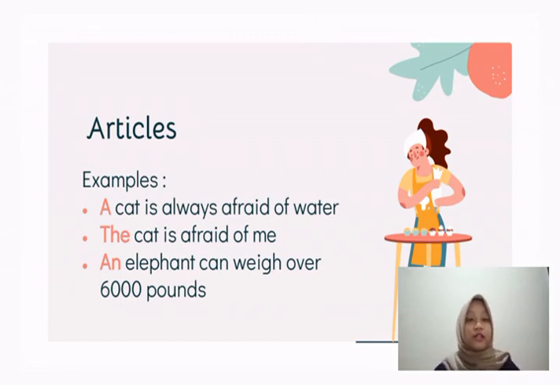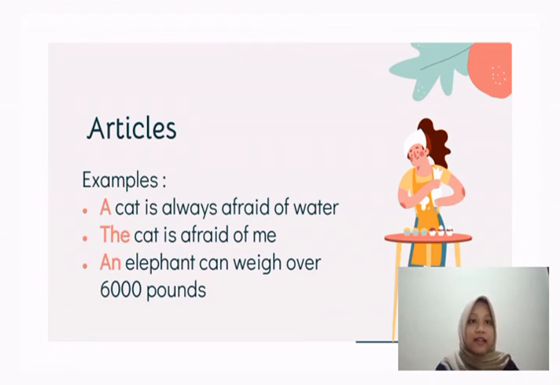And here we have three examples. The first one is, a cat is always afraid of water. The article here, of course, is the first word in the sentence, a. The second one is, the cat is afraid of me.